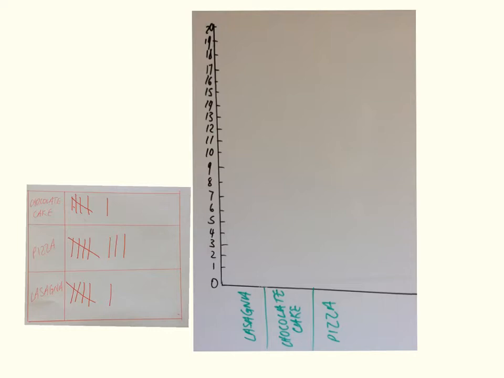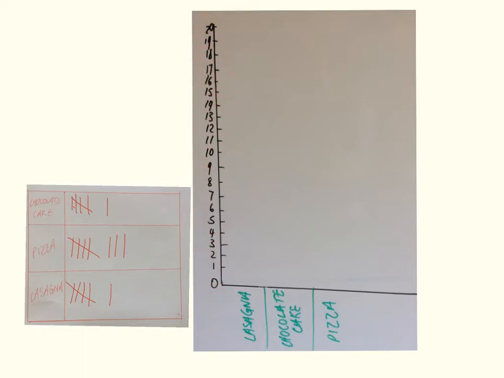But we still, in our graph, put the numbers starting at 0 all the way to 20 because sometimes there may be all of 20 people that like lasagna or a certain thing. So we must put the numbers from 0 to whatever number it is that you are asking the question for. In this case, Bethany asked 20 people.